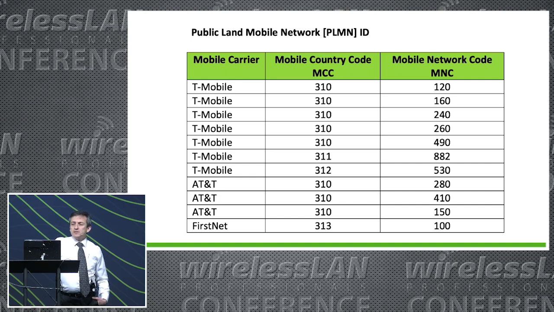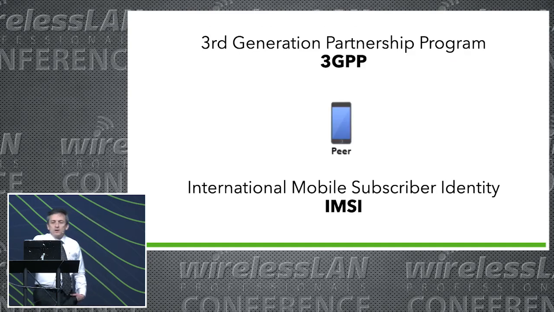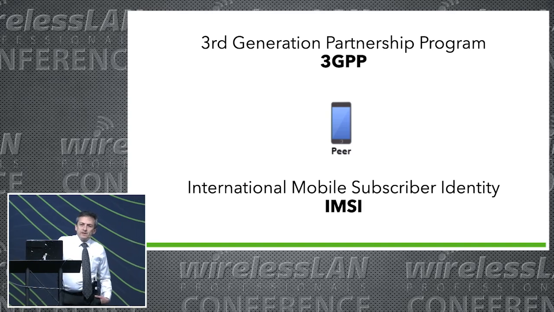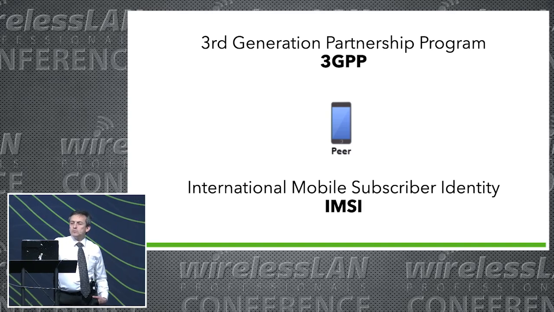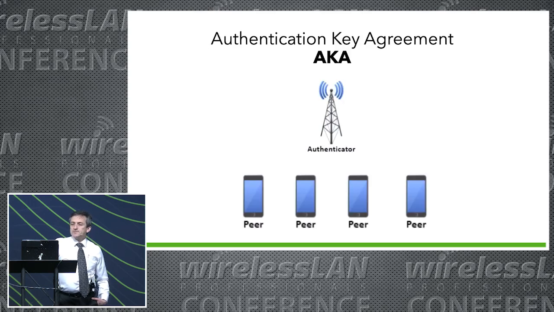The PLMN is a number that is combined of the mobile country code and the mobile network code, so that each carrier will have an identifier wherever they are, unique. On the client side, the phones are going to have an International Mobile Subscriber Identity, an IMSI, and then that's going to be the identifier of that device.